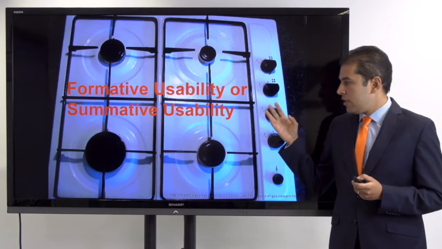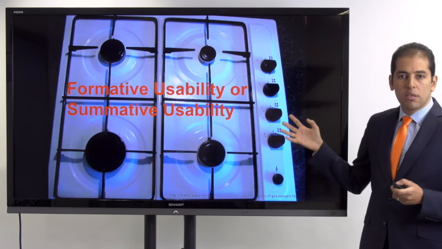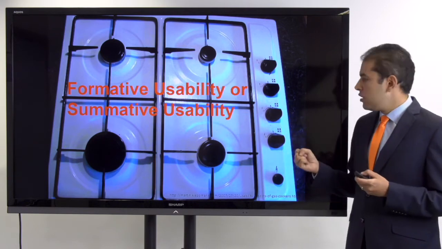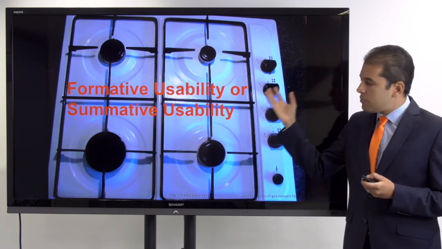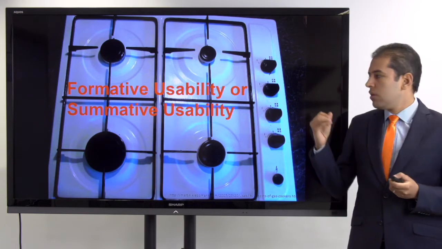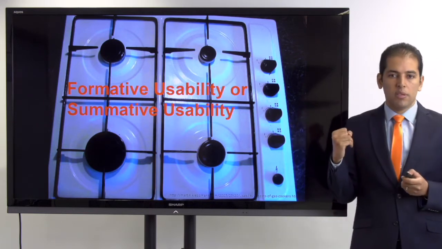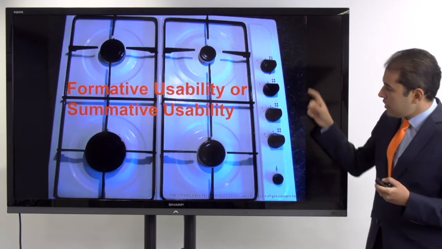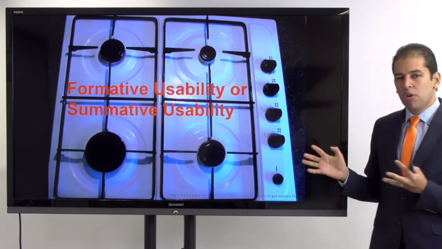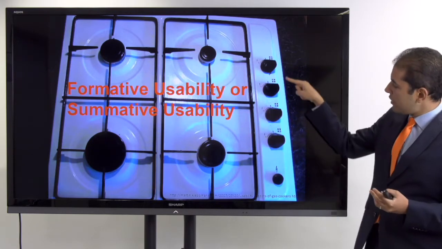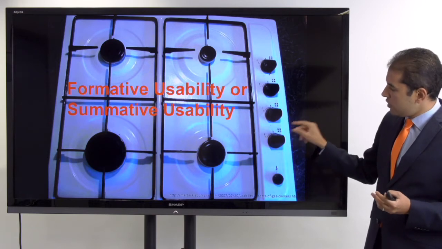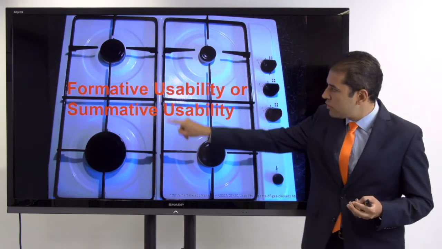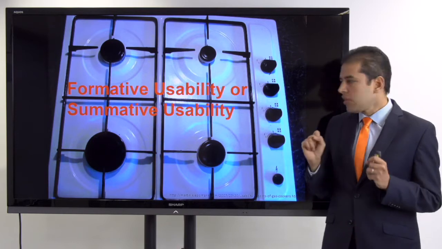Now, if I want to test this gas stove with formative or summative usability testing, what will be the difference? As you can see, this gas stove has a certain complexity. I need to recognize which of those buttons is associated with which of those stove units.